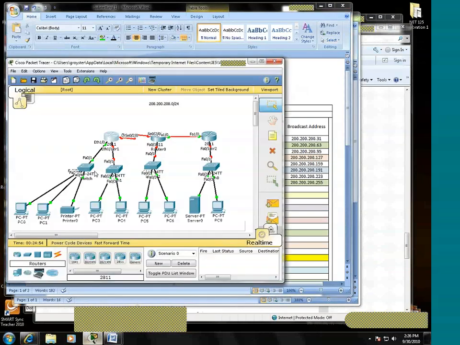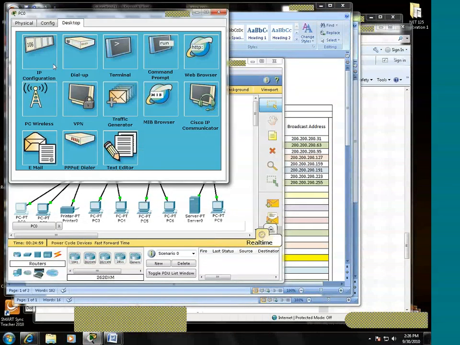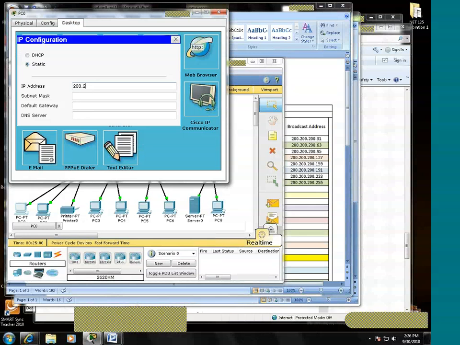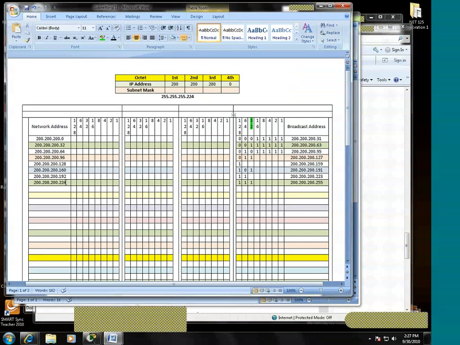Okay, we need to address the hosts, the end devices. We'll start with this PC. 200.200.200. Can I use 245? Yeah, because it's within this range here. I can't use the 224 and I can't use the 255.